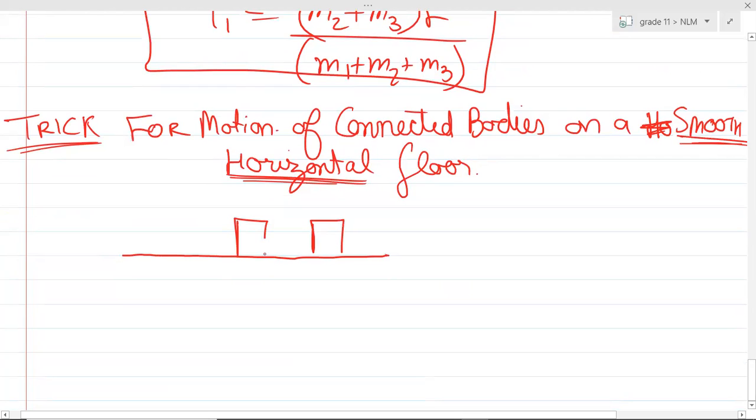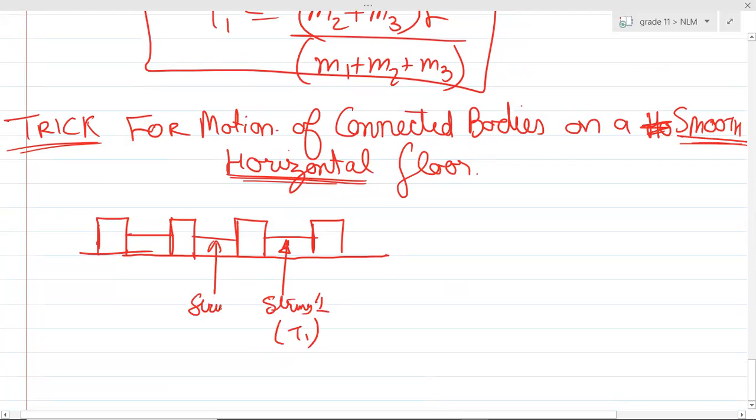Suppose guys, there is this M1, M2, M3, and let's say there is one more, M4. How many strings are there? 3 strings are there, right? So let's say this is your string 1, tension is T1. This is your string 2, tension is T2. The first example was on a smooth surface. We are not talking about friction as of now.